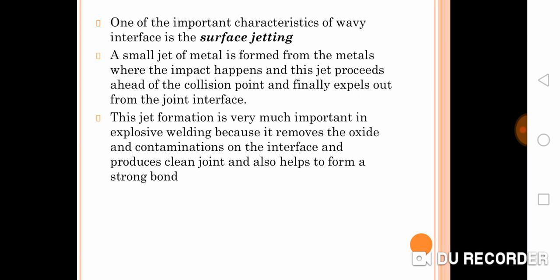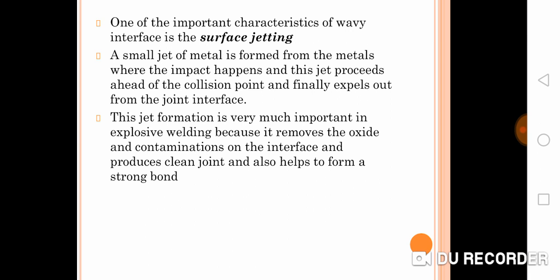Along with the metal, any oxides or contamination will be combined, and inside the small gap between the plates there will be a jet formation. As the detonation proceeds and the collision point proceeds, this jet also travels, and finally when the welding is completed, the jet is expelled from the material.